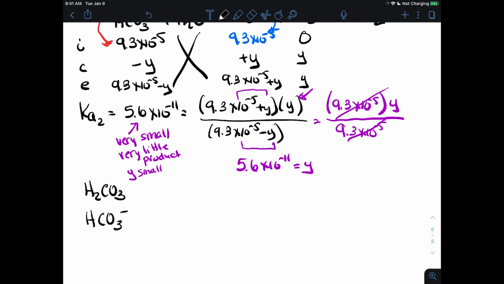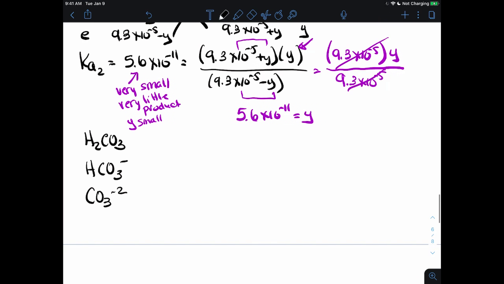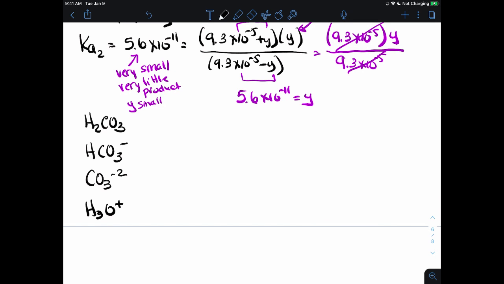We have the conjugate base of that acid when it loses one H. We have the conjugate base of that new acid when it loses a second H. We have that acid once it's been protonated, the water's been protonated. There's water, of course, and don't forget if there's one of these present, then there are some of those present. So let's see if we can figure all these pieces out.